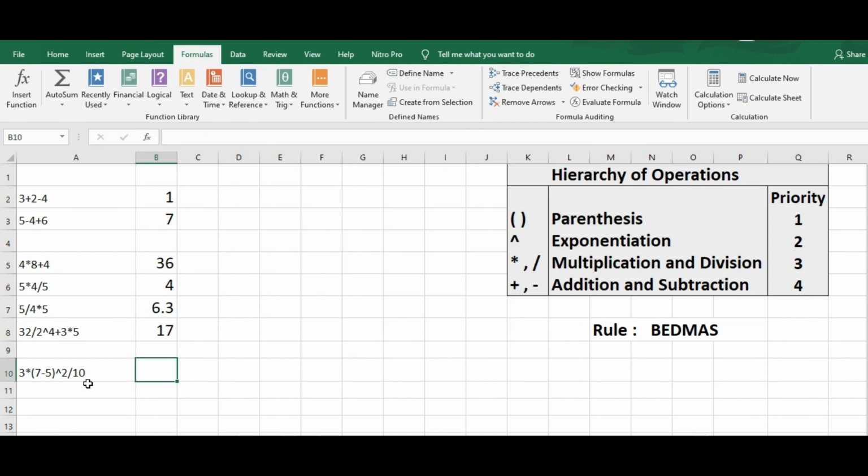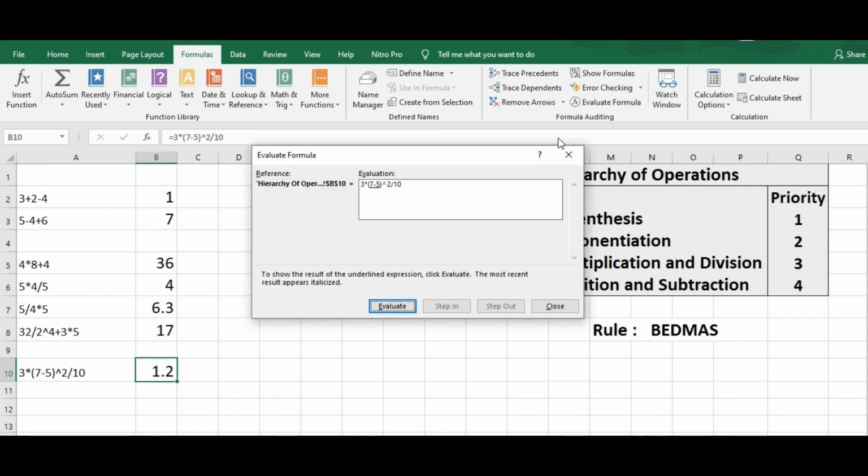Calculate this one. As we know that bracket or parenthesis has the highest priority or precedence, the parenthesis will be calculated first. So check the evaluation process.